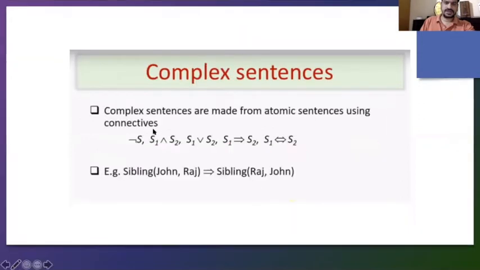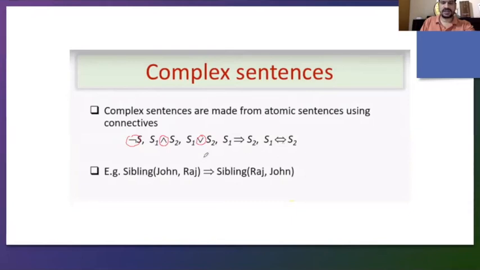Now the complex sentences. Complex sentences we can write with the help of some connective operations like negation, conjunction, and disjunction, meaning AND and OR. We have implication and bi-implication.